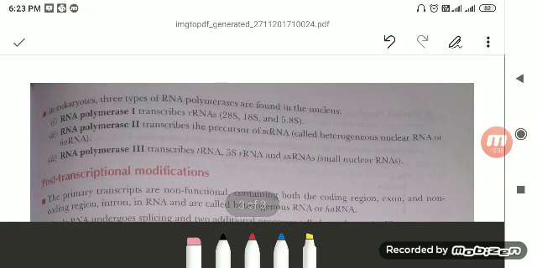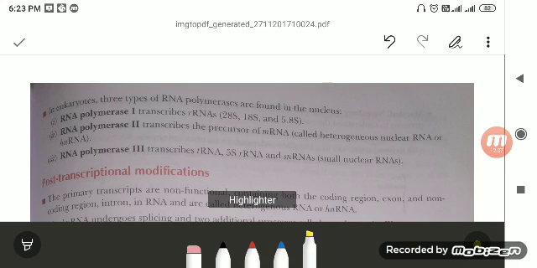So in the eukaryote, 3 types of enzymes are used for 3 types of RNAs. RNA polymerase 1 transcribes the rRNA, then RNA polymerase 2 transcribes the precursor of mRNA, that is the heterogeneous nuclear RNA, and RNA polymerase 3 transcribes tRNA, and these are the small subunits.